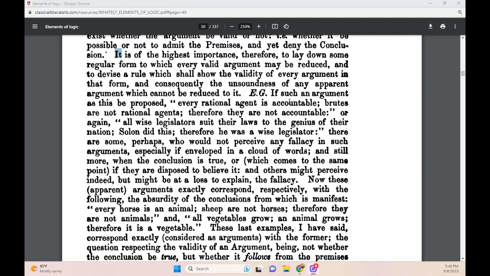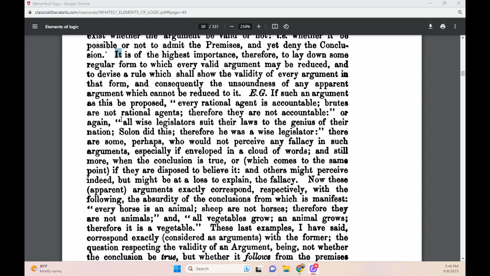If such an argument as this be proposed, so let's look at this example argument. Every rational agent is accountable. Brutes are not rational agents. Therefore, they are not accountable. So consider that argument. Every rational agent is accountable.